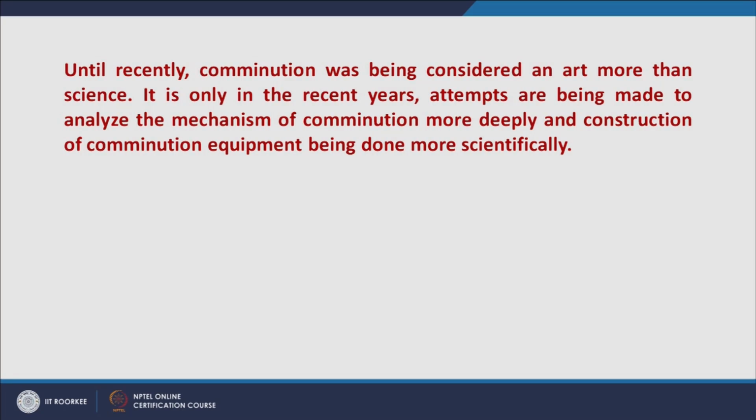So, according to the requirement, we prepare the equipment for comminution, and if we consider daily life as well as industrial application, the huge difference comes when we design the equipment for kitchens as well as for industry.